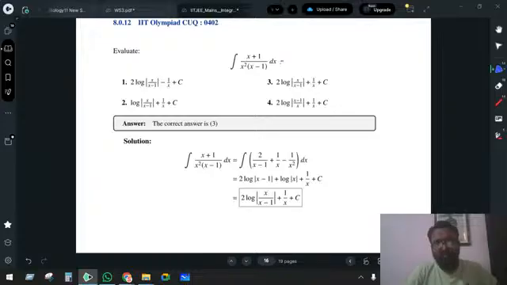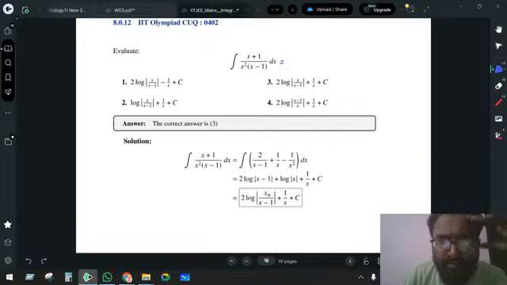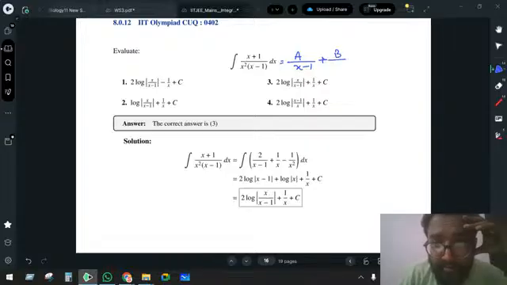So this is your integral form. So here what happens? Whenever in the denominator, for x minus 1, its power is 1. Na? Yes, sir. So for this you have to take like this. If it is square, then take b by x minus 1 whole square.